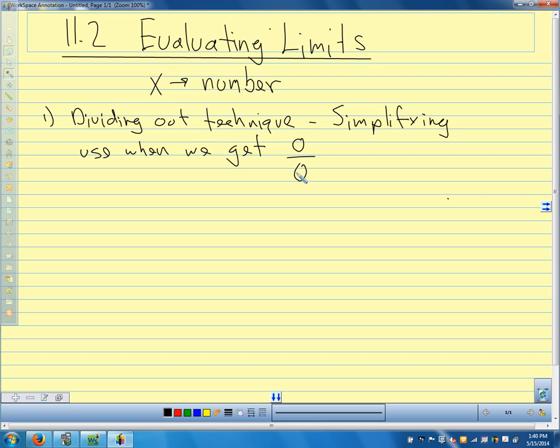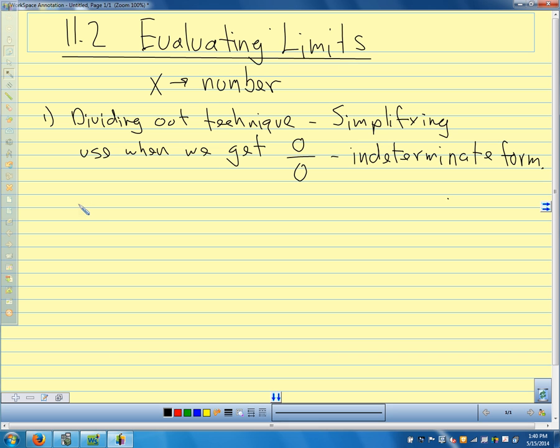So we say x is approaching 2, we plug 2 into our function, and we get 0 over 0. 0 over 0 is called an indeterminate form. We call it that because 0 over 0 is not necessarily 0, and not necessarily infinity. We could end up with some number. So 0 over 0 says you have to do more work. We don't know what it is.